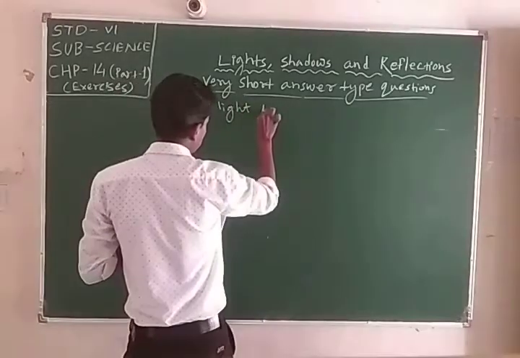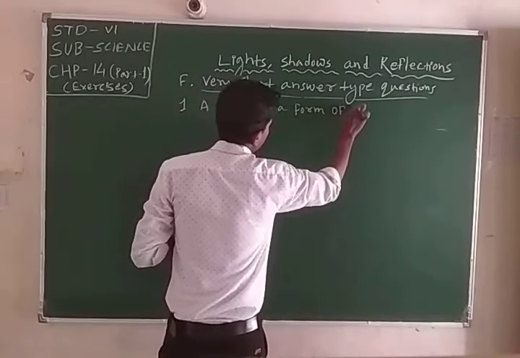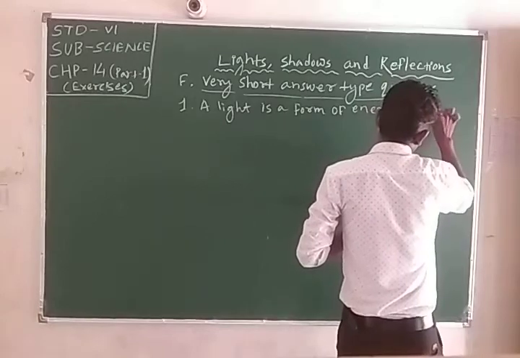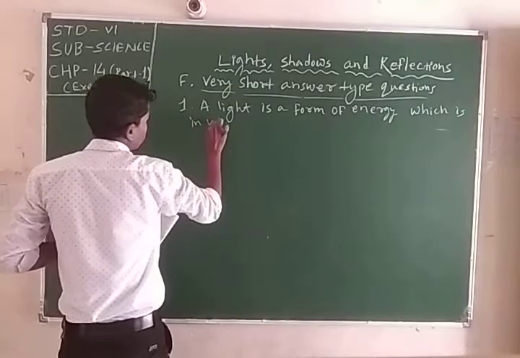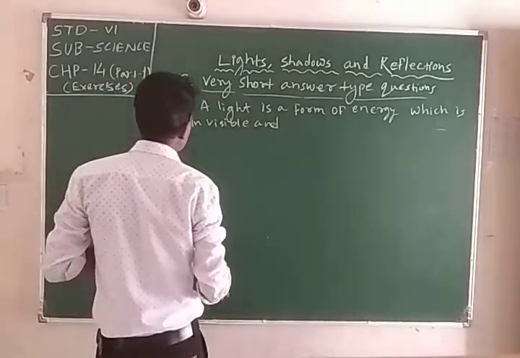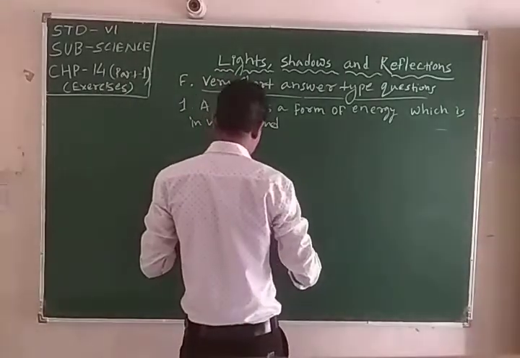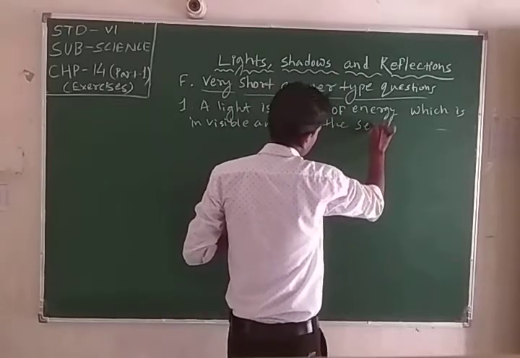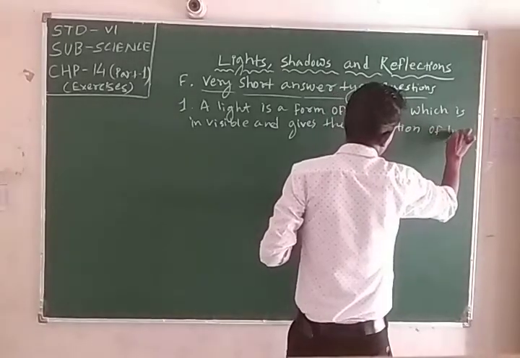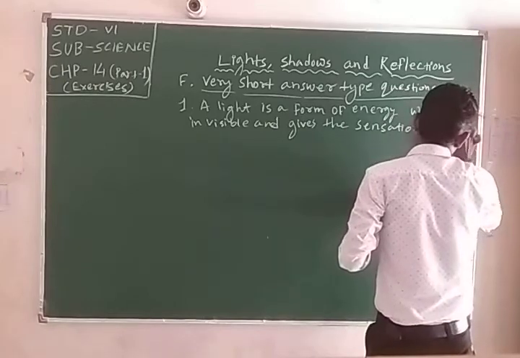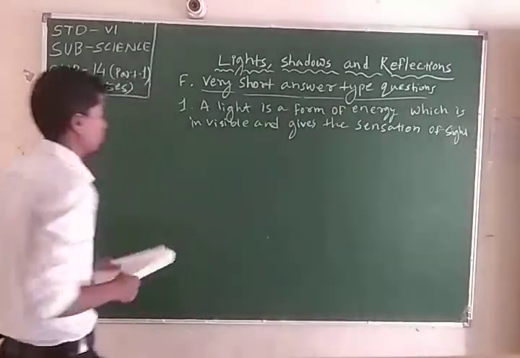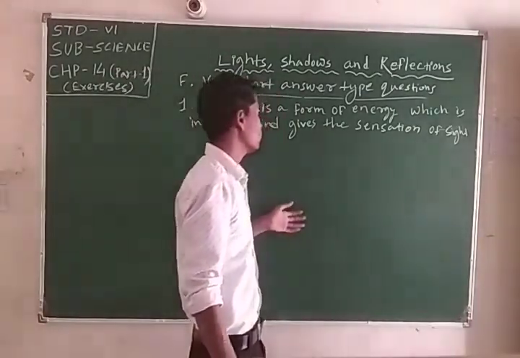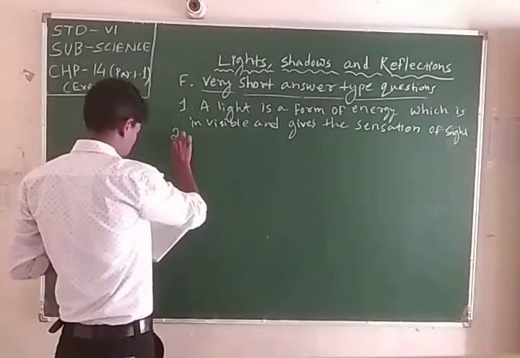Light is a form of energy which is invisible and gives the sensation of sight. Look here, light is a form of energy, which is invisible and gives the sensation of sight; it helps us to see.